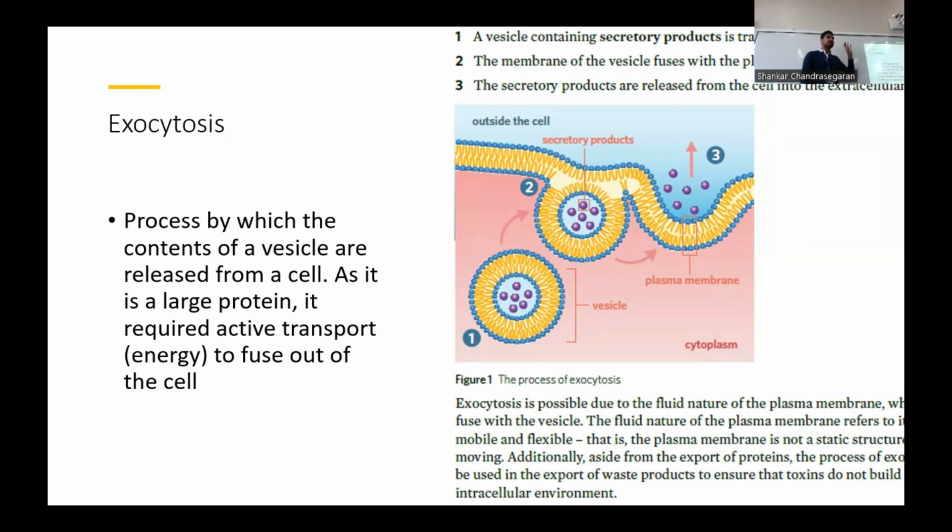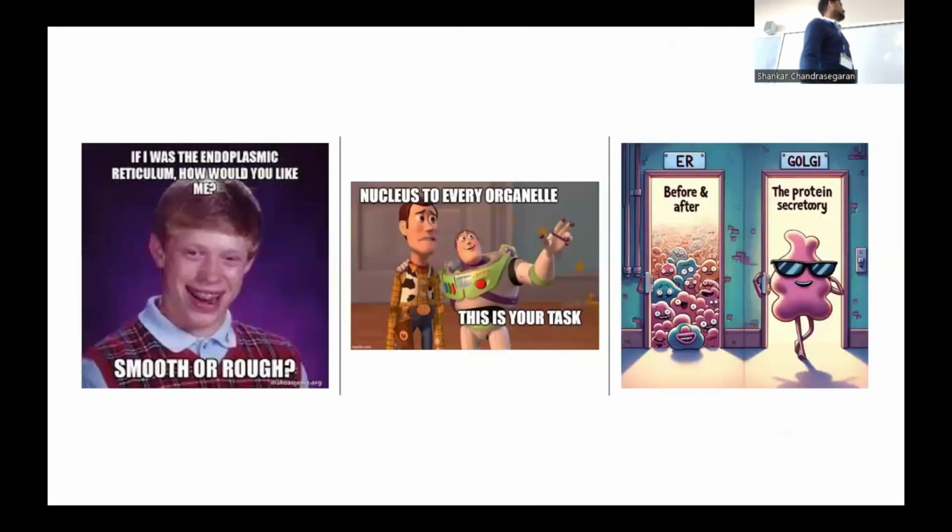This process of getting a protein outside of the cell is incredibly energy demanding because proteins are large molecules and they need to be transported in special vesicles so that they can actually get outside of the cell. So that requires a lot of energy. Right? Any questions?